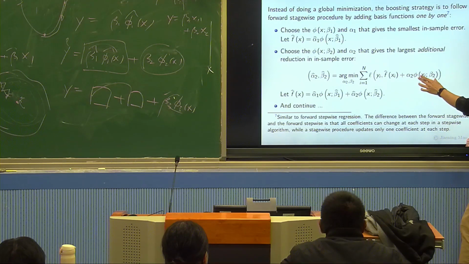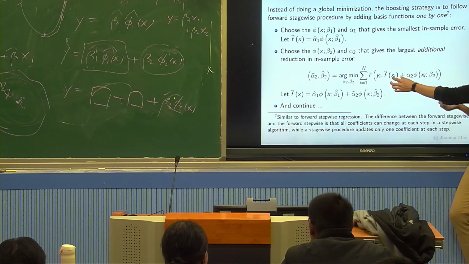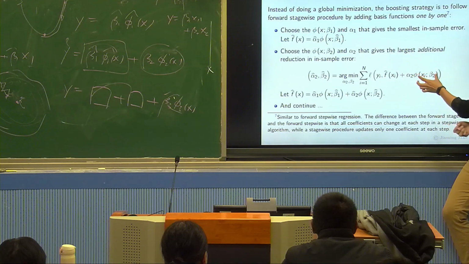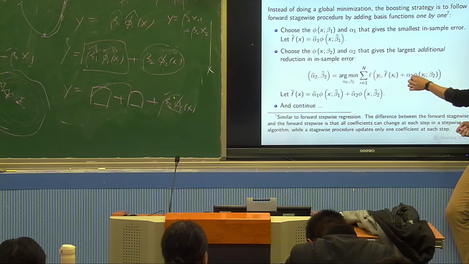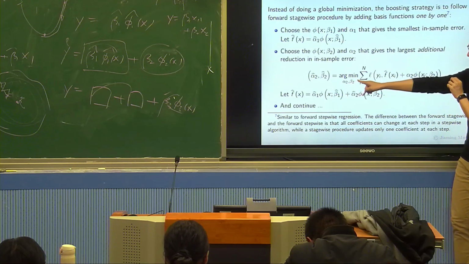So in the second stage, I'm fitting this model. This is the loss function, so I'm minimizing the loss function of y with respect to this new model. But this new model is f from the first stage plus a new term, and this new term has two parameters, alpha 2 and beta 2. So the second stage is to find the best alpha 2 and the best beta 2.